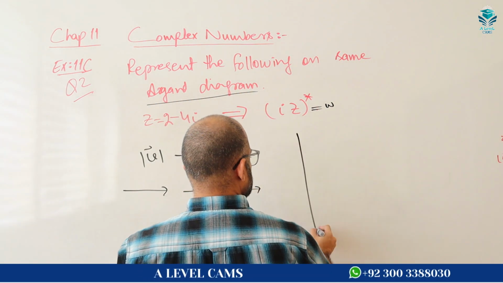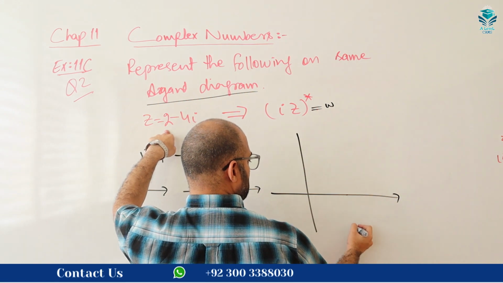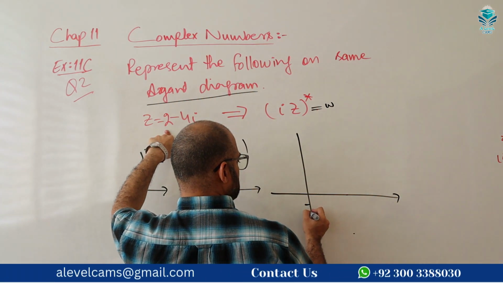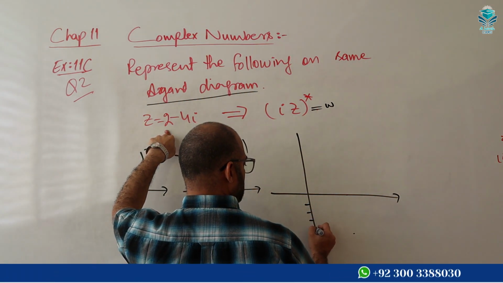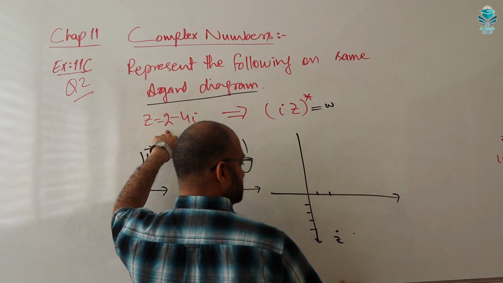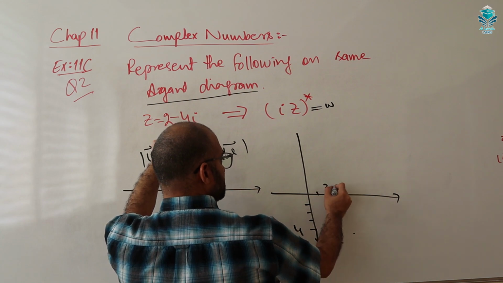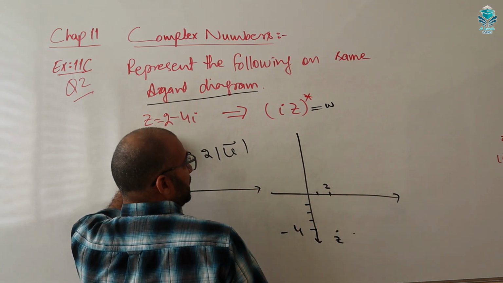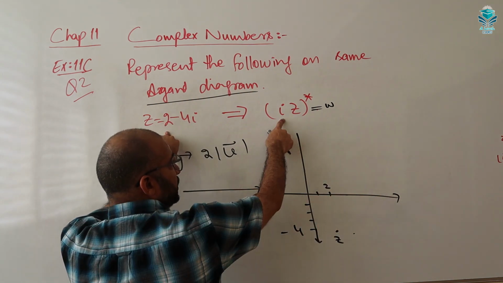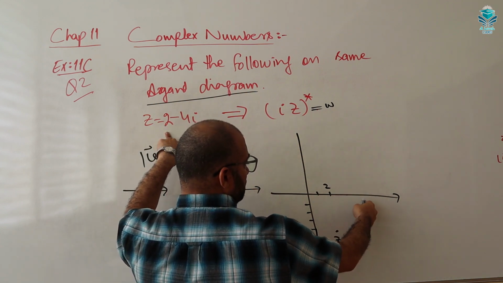So let's say Z is a complex number, 2 minus 4 iota. 1, 2, 3, 4, 1, 2. Let's say this one is the complex number Z. Understand? This is minus 4 and it is 2. If I take its rotation by 90 degrees, maybe it will go somewhere here.